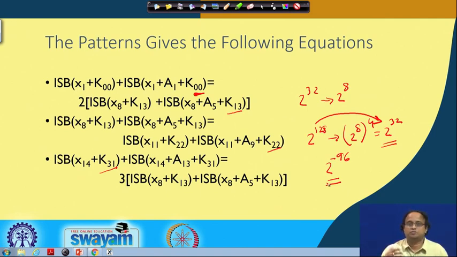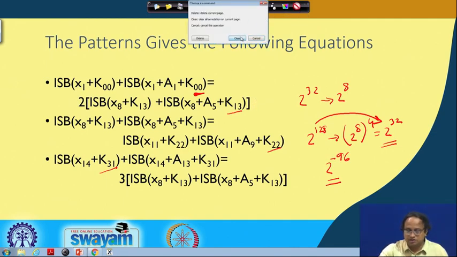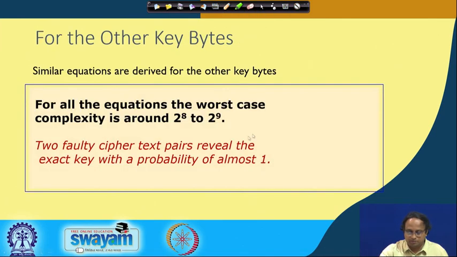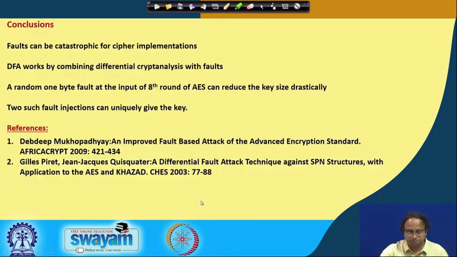So you can pretty much expect that if you take one more faulty value, you will probably get a unique value of the key. That is essentially the crux of how the fault attack works on AES, and that means 2 faulty ciphertexts will reveal the exact key with a probability of almost 1.